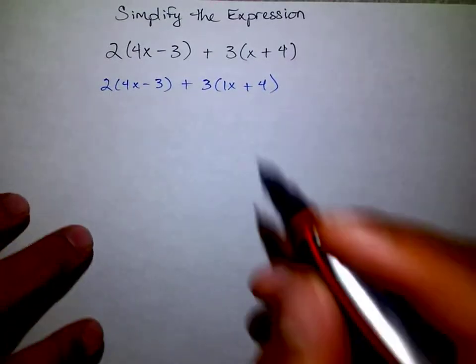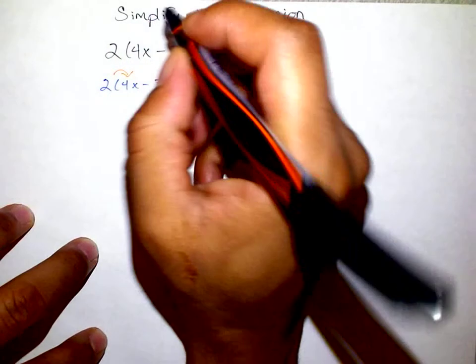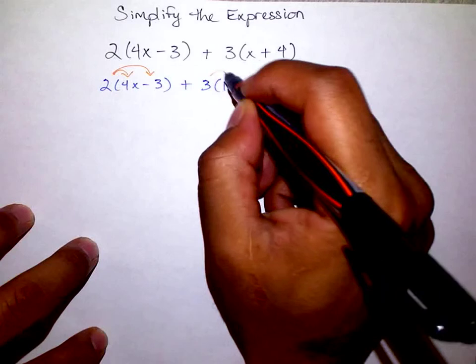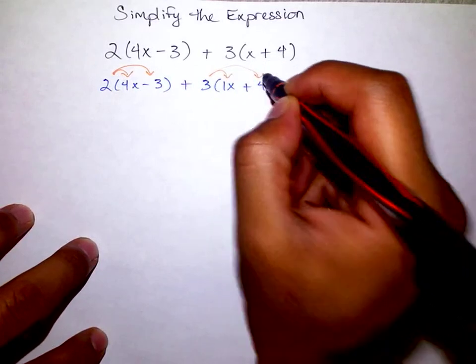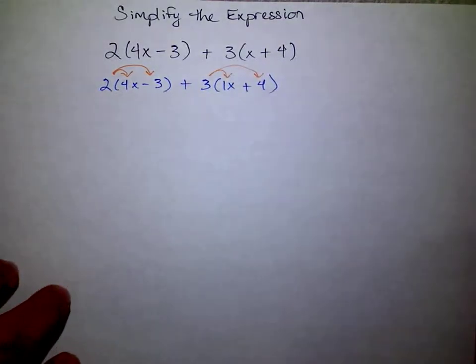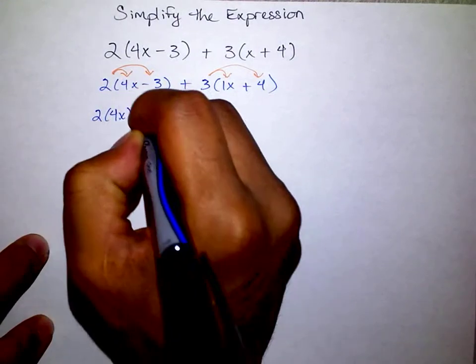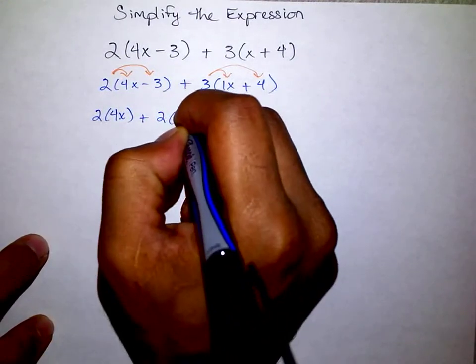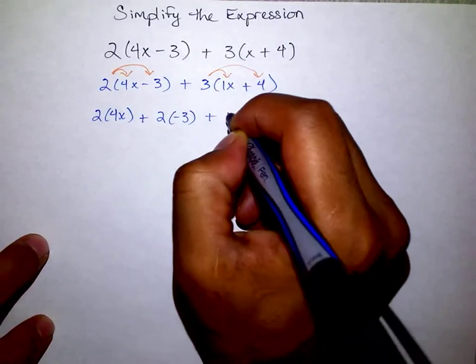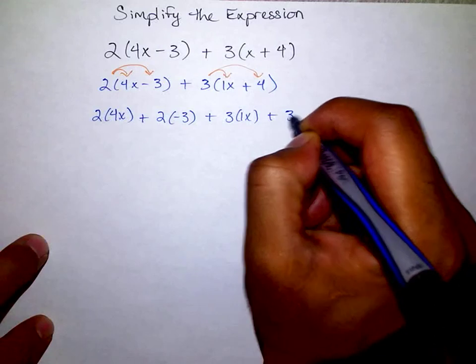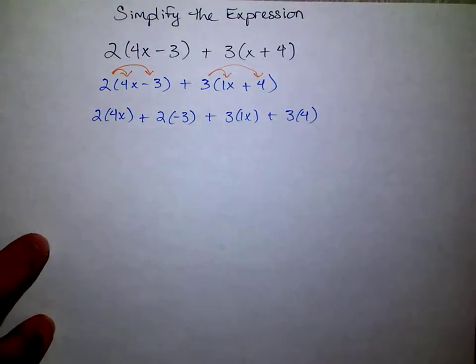Now I want to go ahead and show my distribution. 2 times 4x plus 2 times negative 3 plus 3 times 1x plus 3 times positive 4.